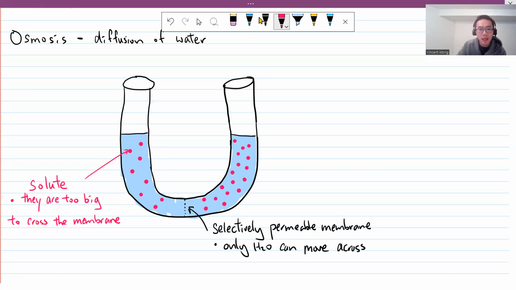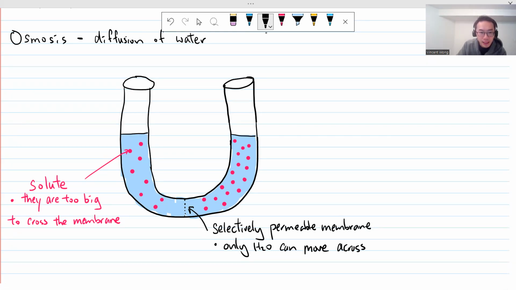You can see the way I've drawn the membrane, right? The gaps are really, really tiny. The red balls are too big. They're not going to be able to cross. So the only thing that can move in this situation is the water.